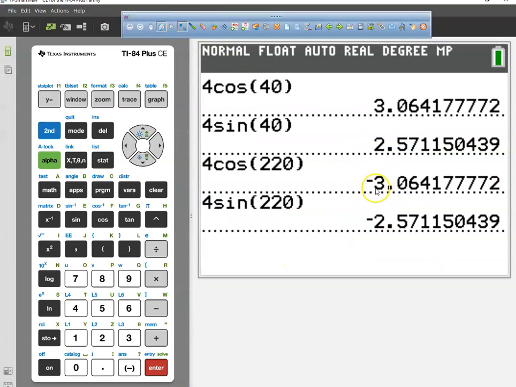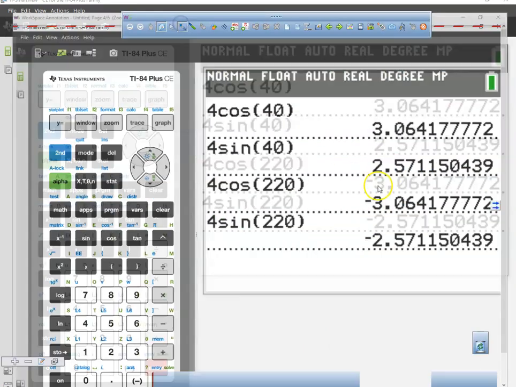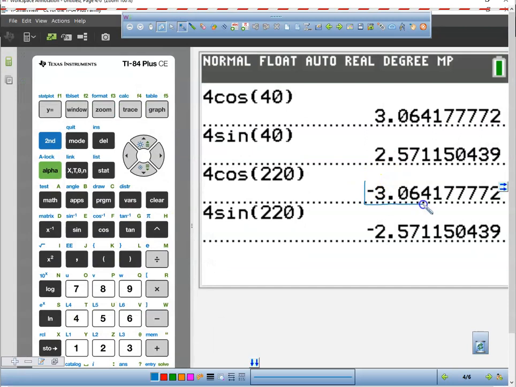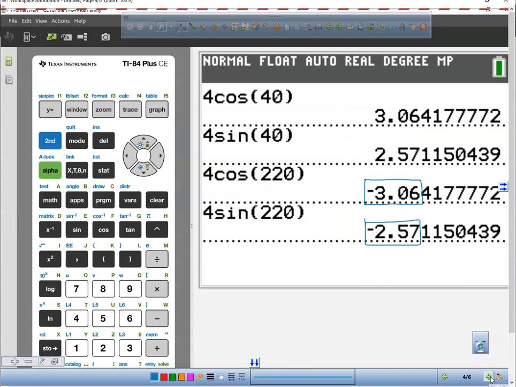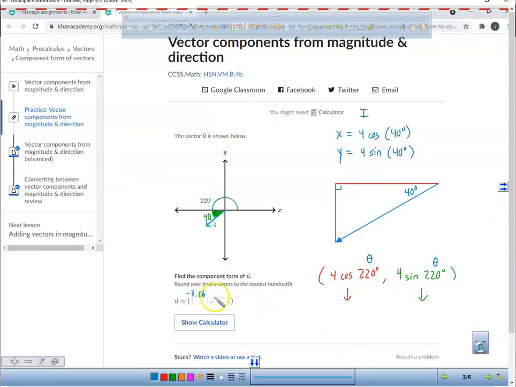So if you would please, this is going to be your answer right here. Your cosine is negative 3.06, and your sine is negative 2.57. So negative 3.06 and negative 2.57. That gets you your components.